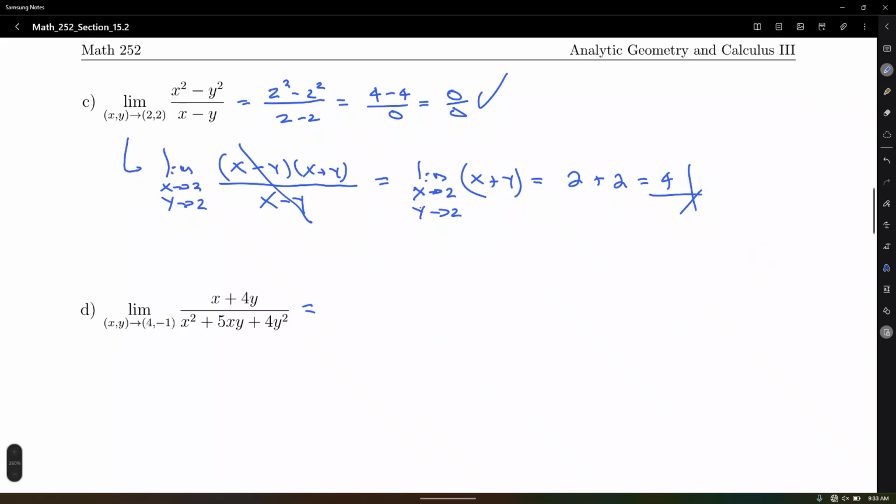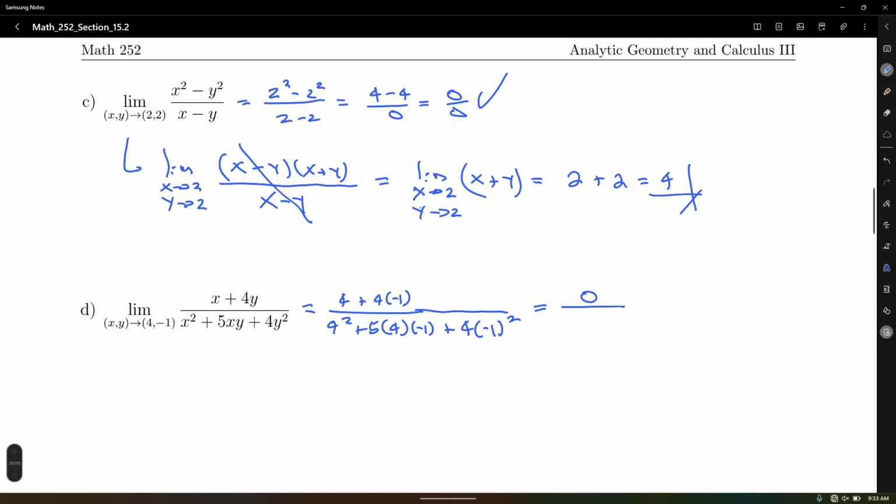Okay, so that's 4 plus 4 times negative 1 over 4 squared plus 5 times 4 times negative 1 plus 4 times negative 1 squared. So in the numerator, that's 4 minus 4, which is going to be 0.